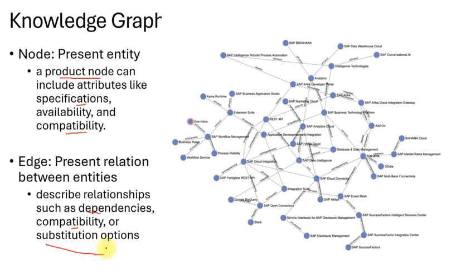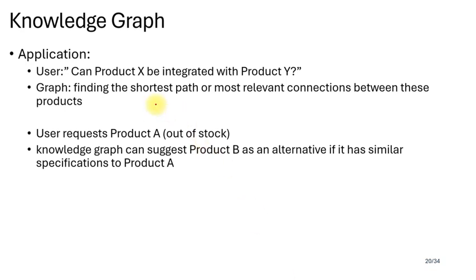So specifically, what can they do? Let's say some application asks: can product X be integrated with product Y? We can do it like this. We find two entities, product X and product Y. We check product X in our graph and product Y in our graph, and we identify the node positions.